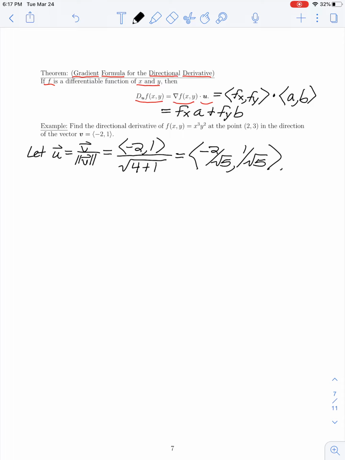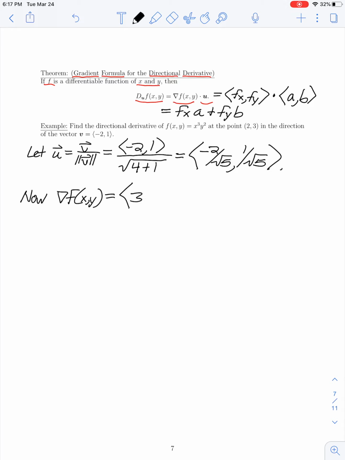So for any of these problems, we always want to start by finding that unit vector. And the next thing we need to find would either be the partial derivatives of our function or the gradient vector, which contains the partial derivatives of our function. So here, let's look at grad f at a general point (x, y).